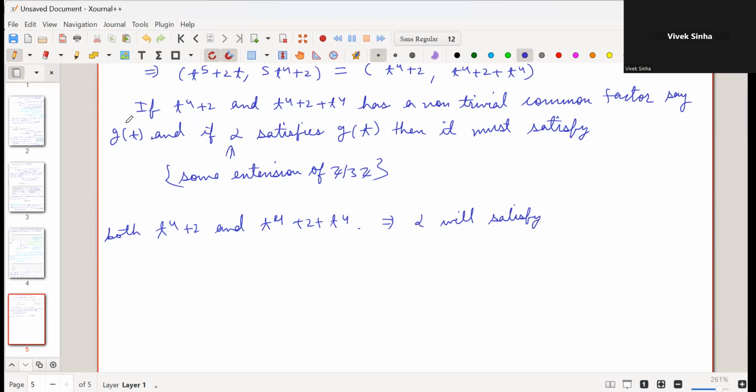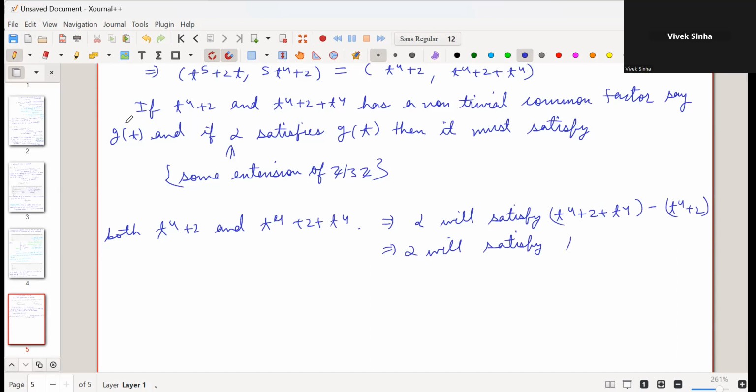This implies alpha will satisfy T^4 + 2 + T^4 minus T^4 + 2 also. If a root is satisfying this polynomial and this polynomial, it will satisfy the difference also.